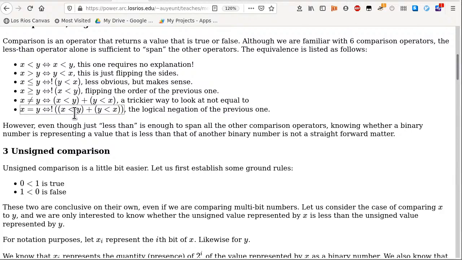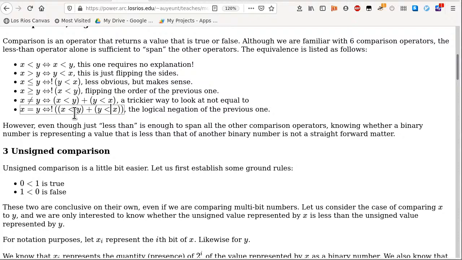So this means in C and C++, there really is no need to give you all 6 comparison operators. The programming language could have just given you less than, and that's already sufficient to represent all of the other comparisons.